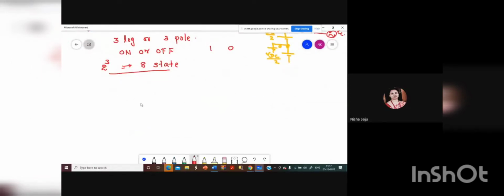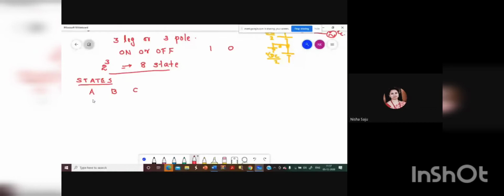So how can we write these states? If you are taking the states possible, if you are taking A, then you can take B, then you can take C. So first, it is possible if all the bottom switches are in the on condition, then you can have 0, 0, 0. Why?